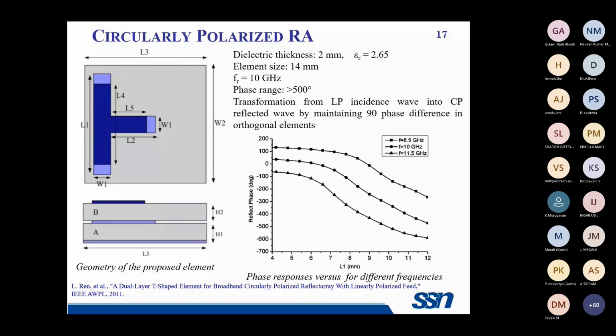The upper layer has a smaller element and the lower layer has a larger element. Both these dielectrics are the same material, the same dielectric constant. And the thickness of the dielectric material is also very small, just 2 mm is being used for this purpose. They have obtained a phase range of 500 degrees over varied frequency ranges. So this specifies what is the bandwidth being offered by the particular reflector array.